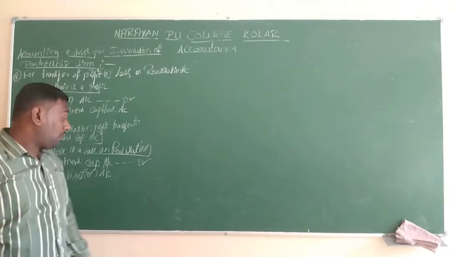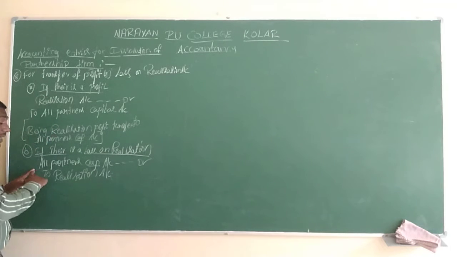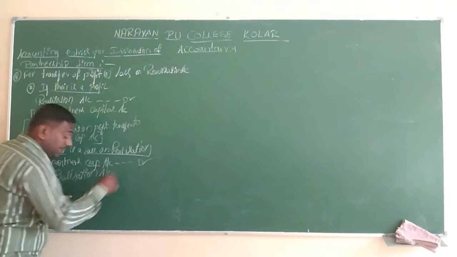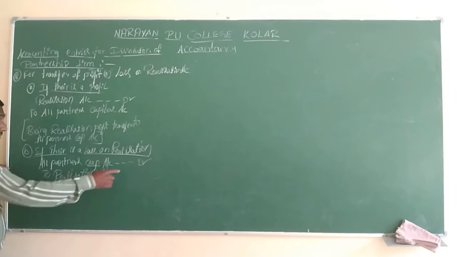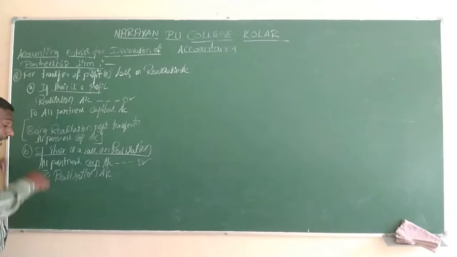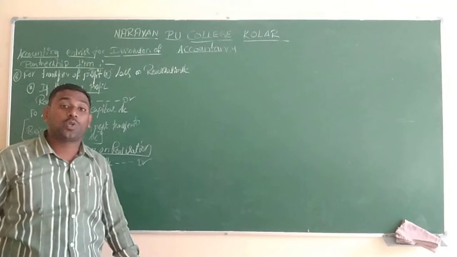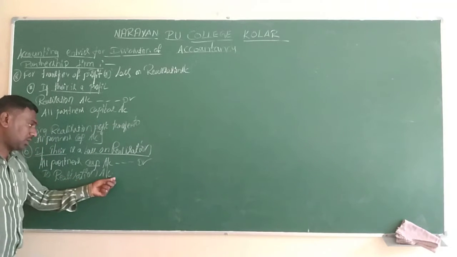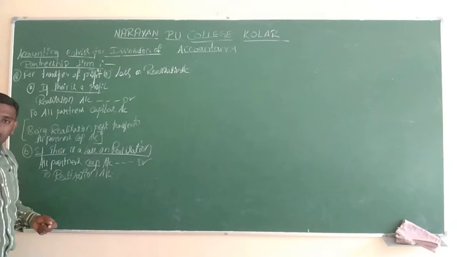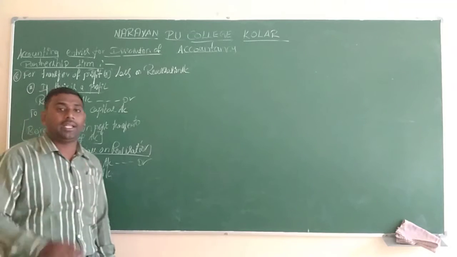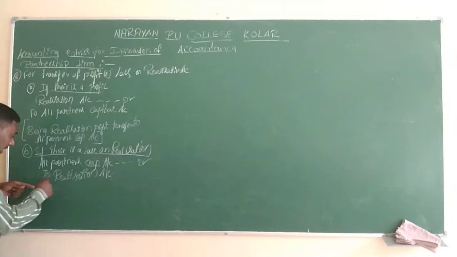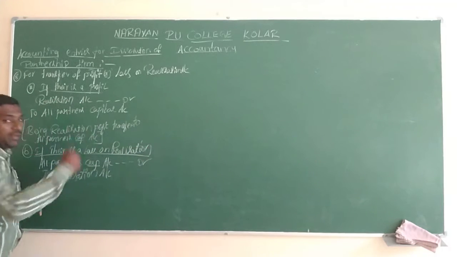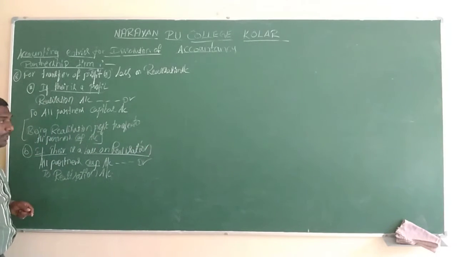What does it mean? We write the debit side as all partners' capital account, and the value comes from the credit side of the realization account, so we write the heading to realization account. From the credit side of the realization account, we record the value on the debit side of the partners' capital account.